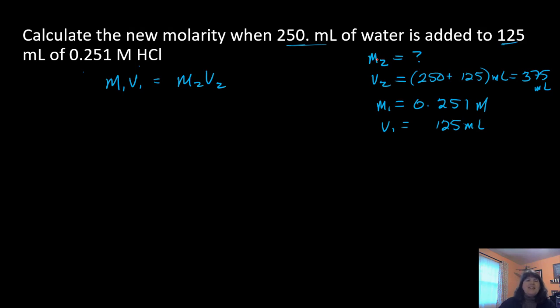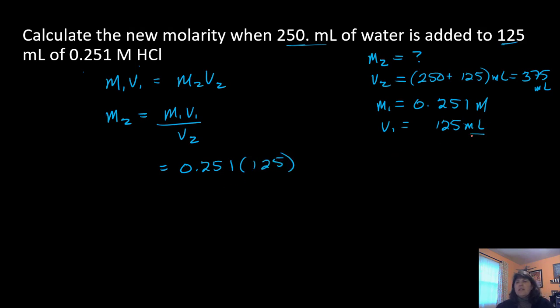So I'm going to rearrange this equation to M1V1 over V2. Plug in our numbers. M1 is 0.251. V1 is, and you can leave this in milliliters.